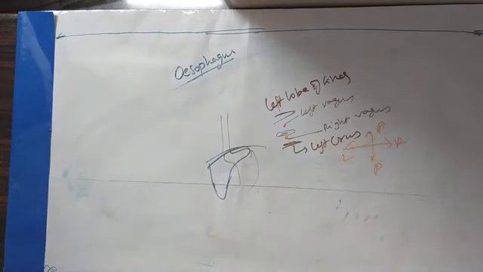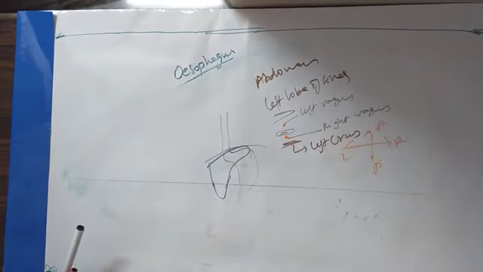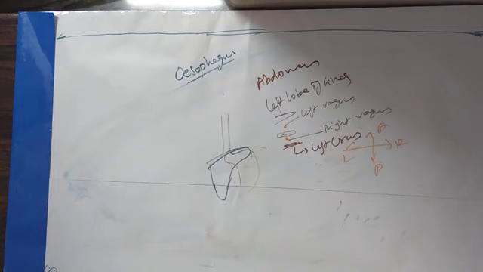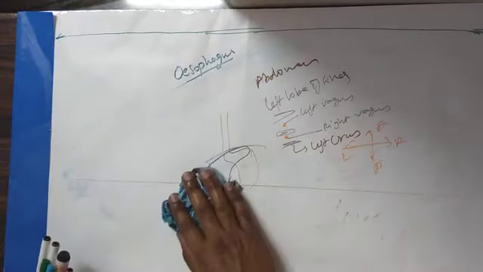So the anterior and posterior relations in the abdominal region for this esophagus are: anteriorly left vagus, posteriorly right vagus. Anteriorly it is related with the left lobe of the liver, posteriorly it is related with the left crus of the diaphragm. Then coming to the next thing, that is your blood supply.